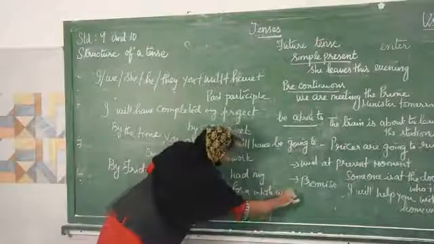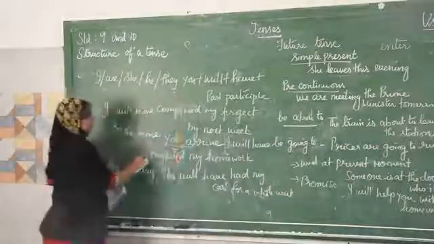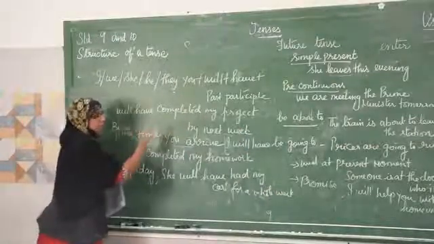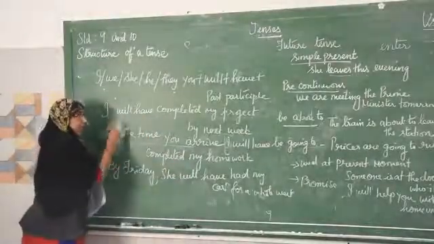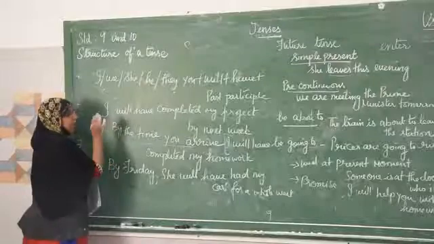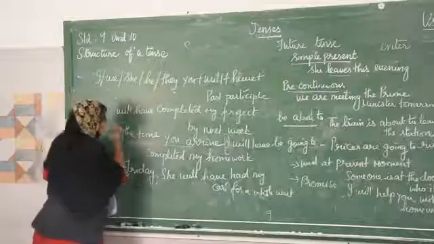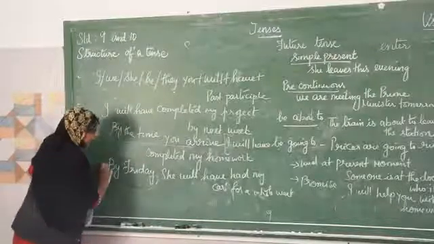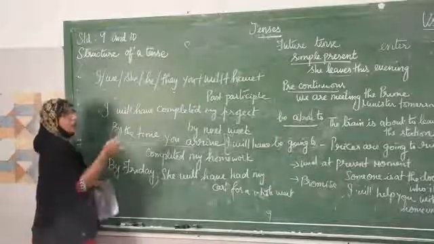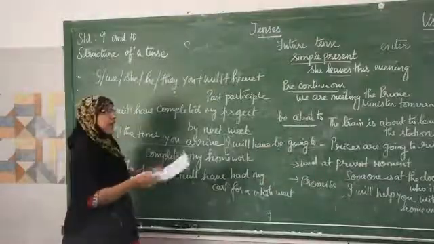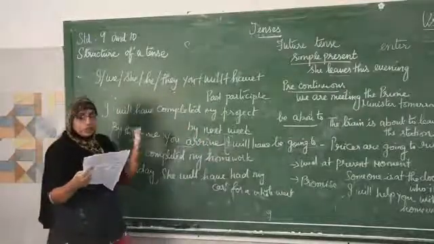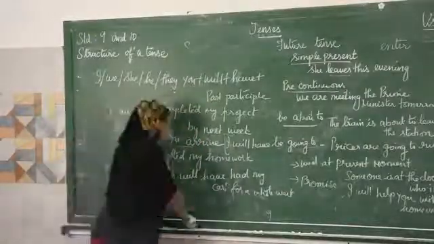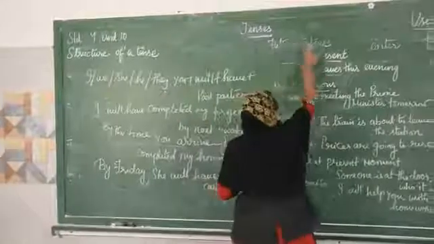Now what did I tell you here? This future perfect tense refers to an action which will have been completed in the future before another action takes place at a certain time. And always, you can see by the time, by Friday, it will be there. Now, this will be used in question form as well as in negative form also.